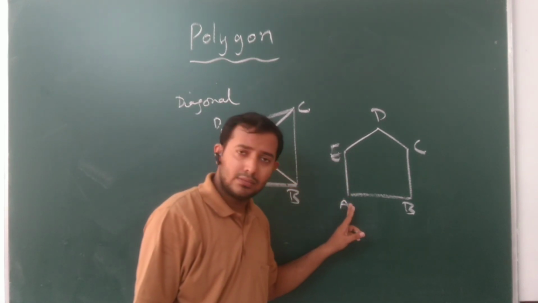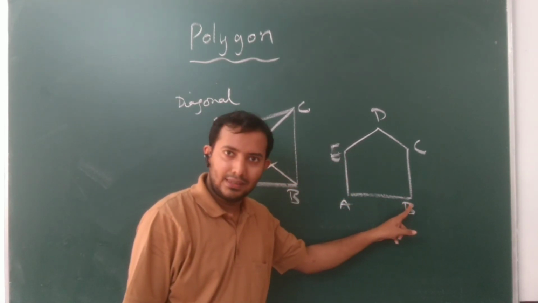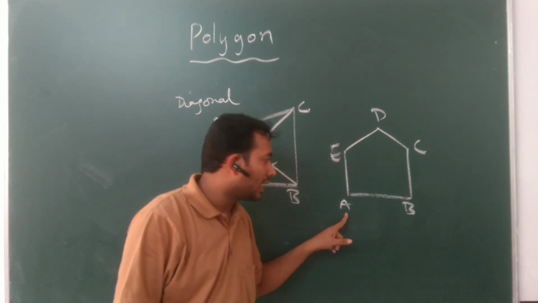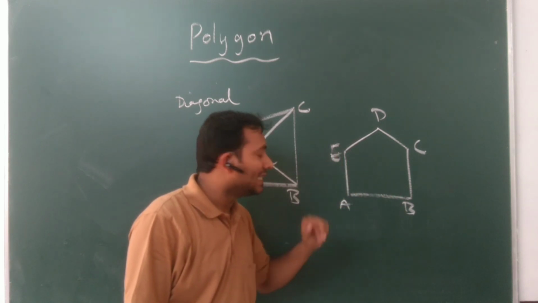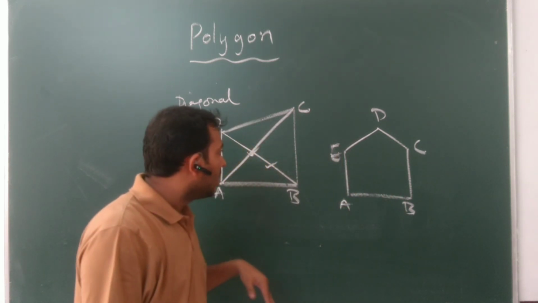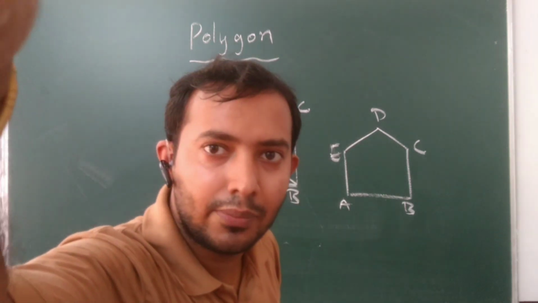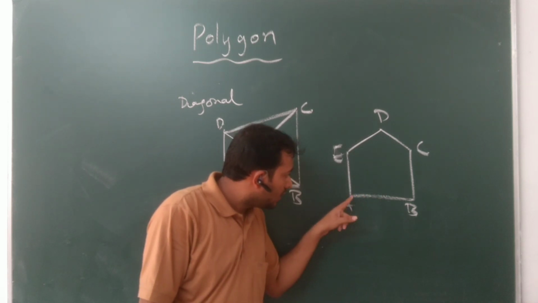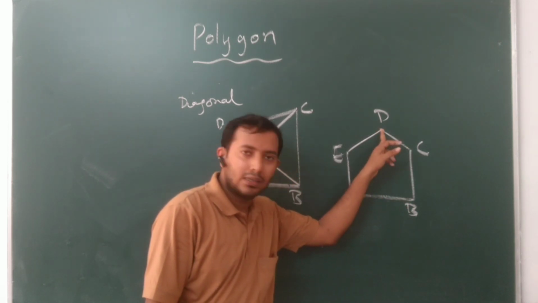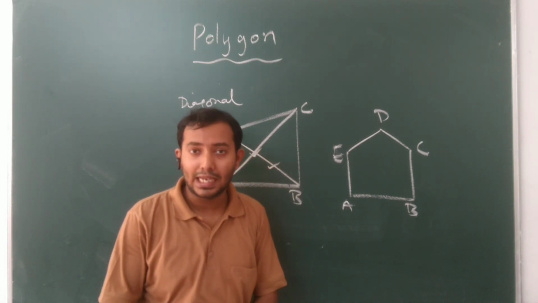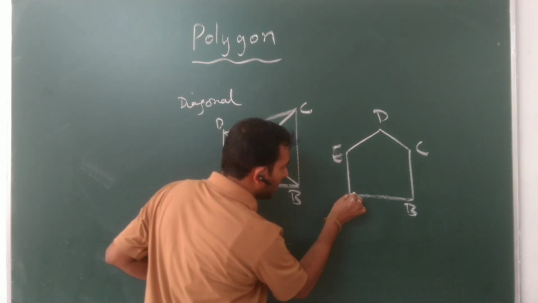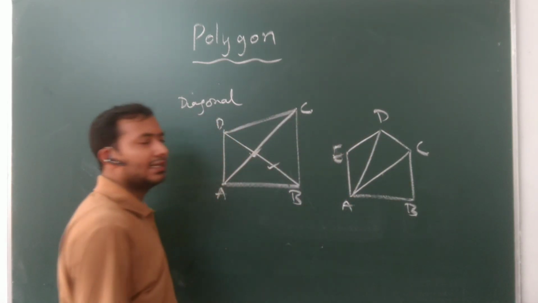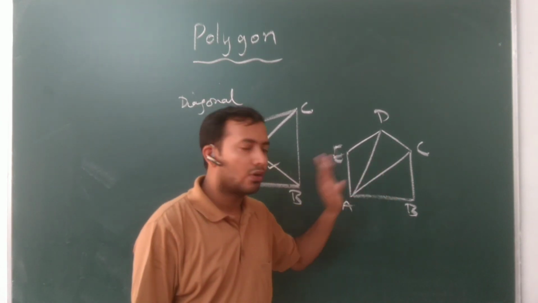If you look here, B is adjacent to A and E is also adjacent to A. So we'll leave B and E. Now, if you see here, C and D are not adjacent to your A. Now you join it. If you join A to C, one diagonal. A to D is another diagonal. So two diagonals we have already got.